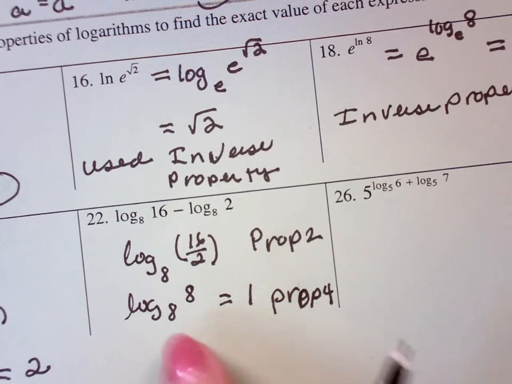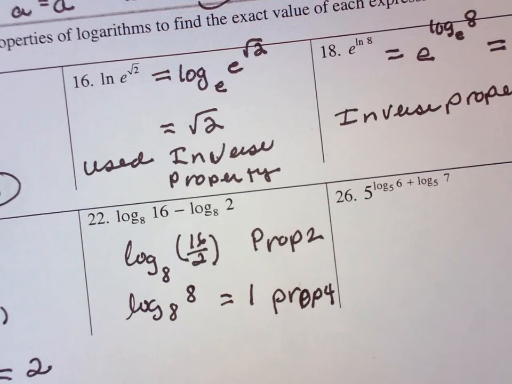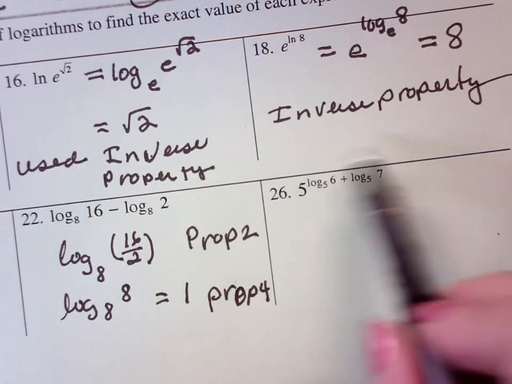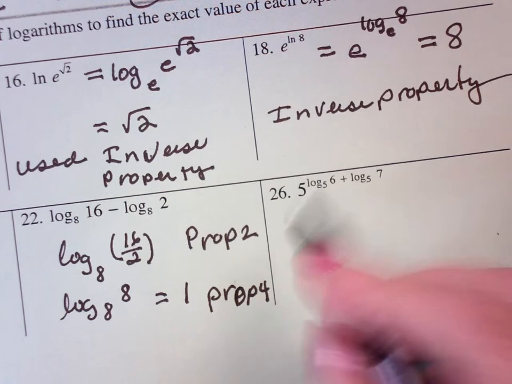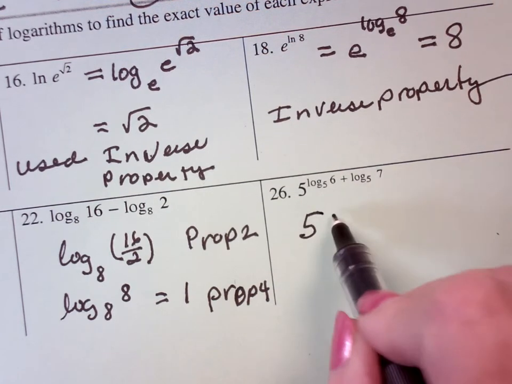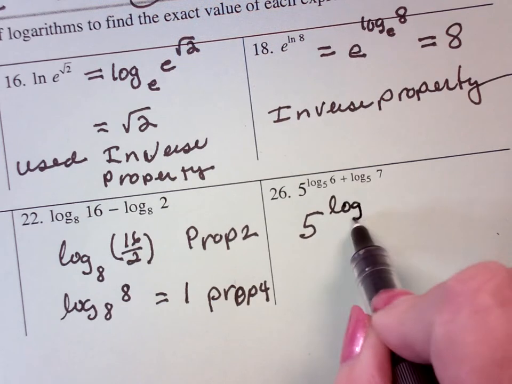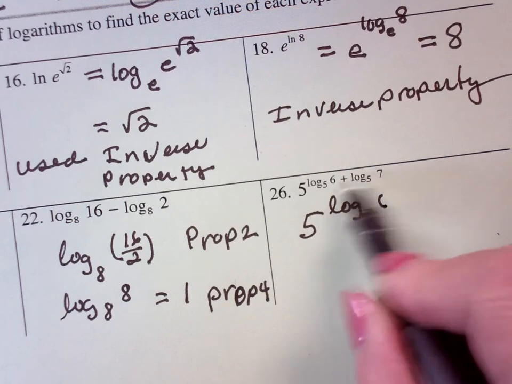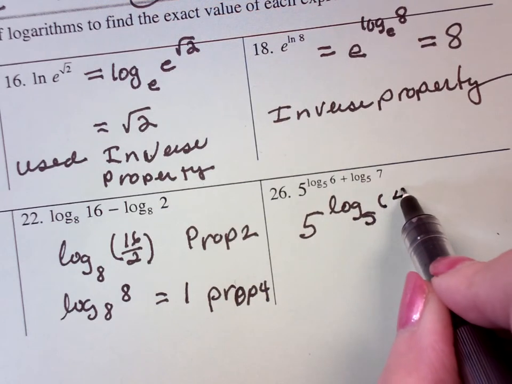This guy we use really frequently. Now here I've got all this stuff in the exponent. So this is 5 raised to log base 5 of 6 plus log base 5 of 7. A sum turns into a product. Log base 5 of 6 times 7, which is 42.